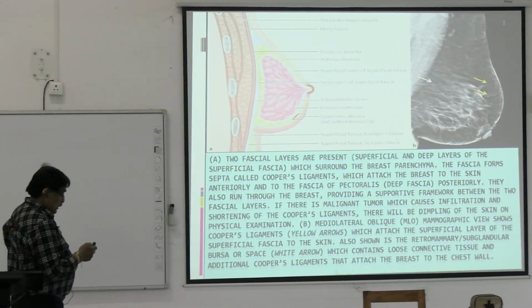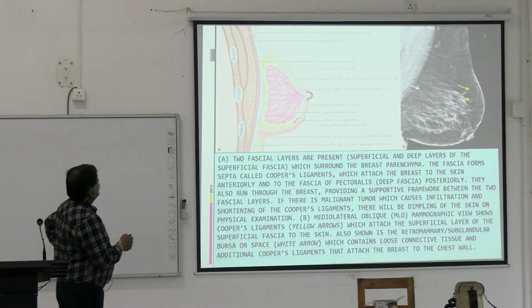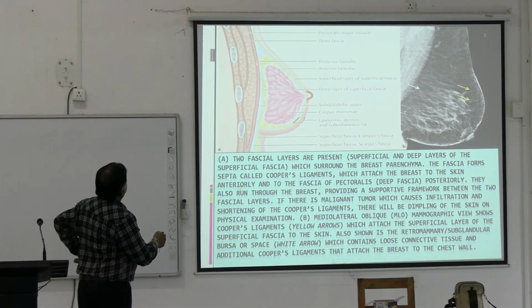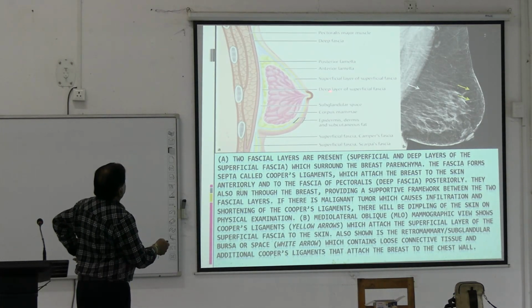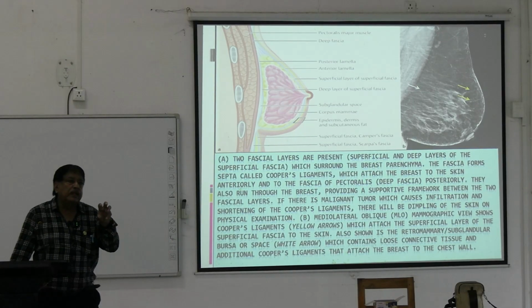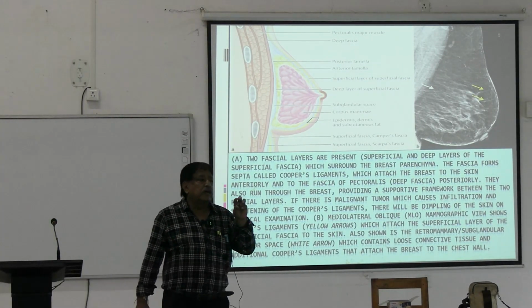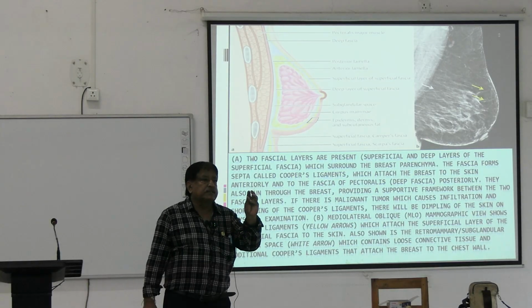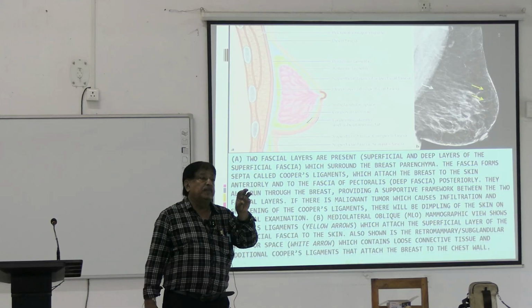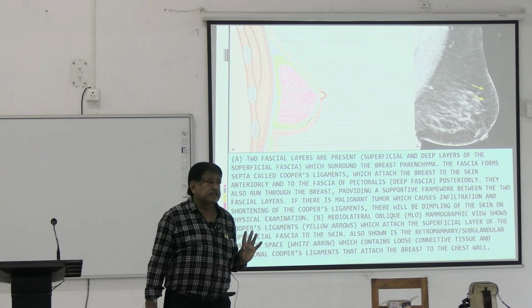Now you see, this is the pectoralis major muscle, this is the deep fascia and deep layer of the superficial fascia. This is the breast. If you do simple excision for any fibroadenoma, small tumors, or you want to do a lumpectomy, a big tumor mass, you can do it under local anesthesia.